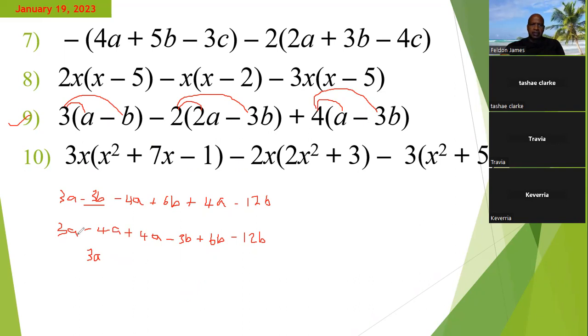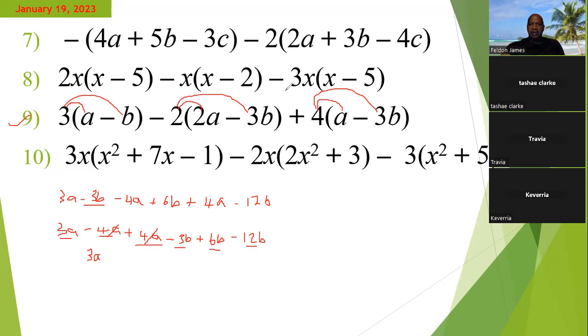All right, so here we have 3A minus 4A plus 4A. So when we add a negative 4A with a positive 4A, those go to 0. So you have 3A. Here we have negative 3B, positive 6B, negative 12B.